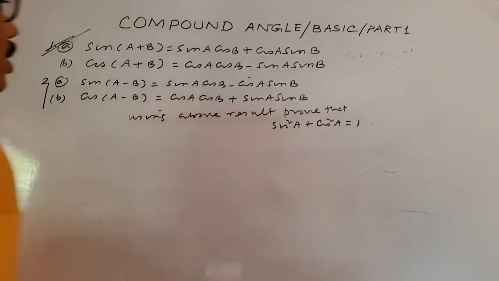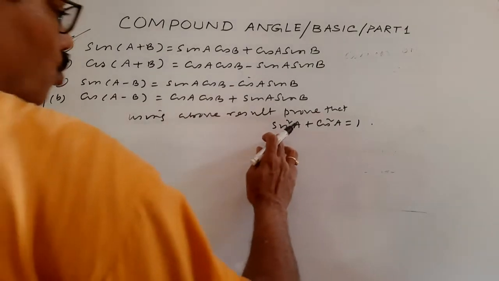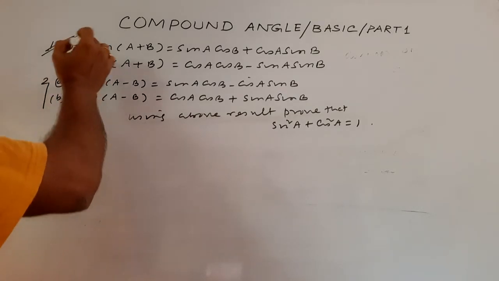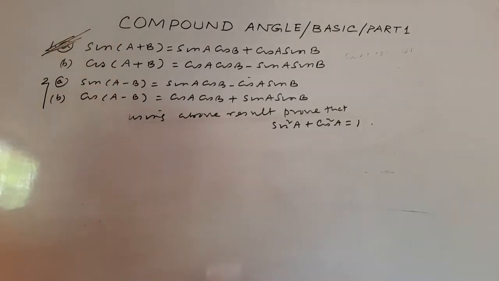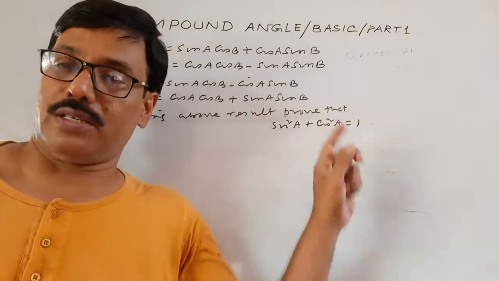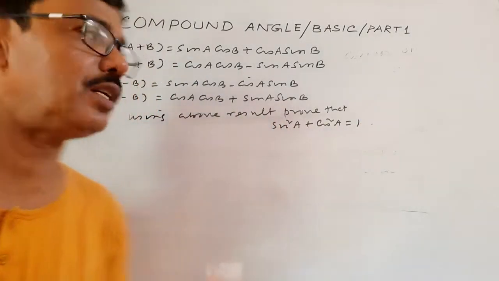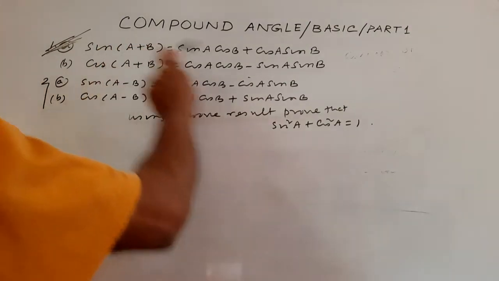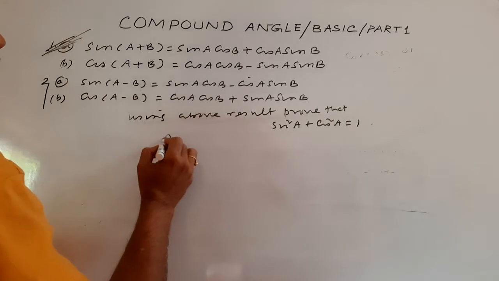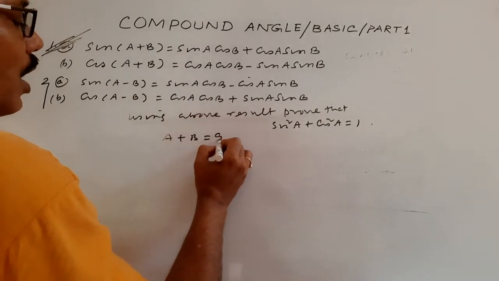So suppose we want to prove it using 1a. So sin(A+B), you know this one is 1. So A plus B equals 90, then we get sin 90 equals 1. So we have to put A plus B equals 90.